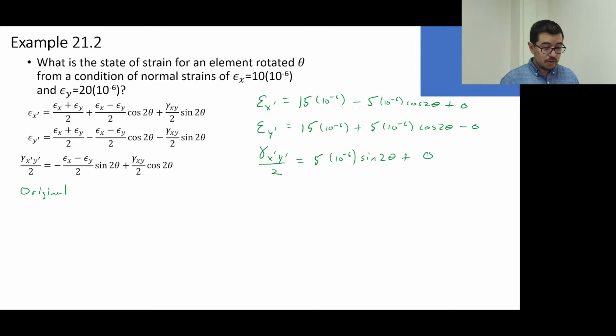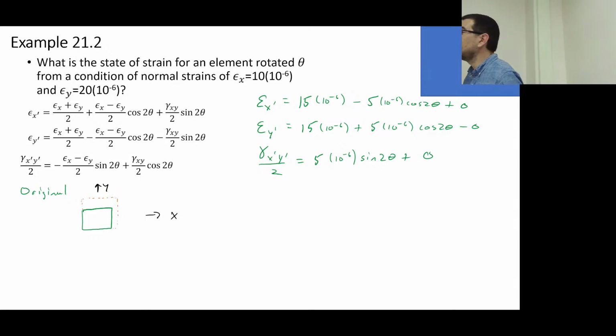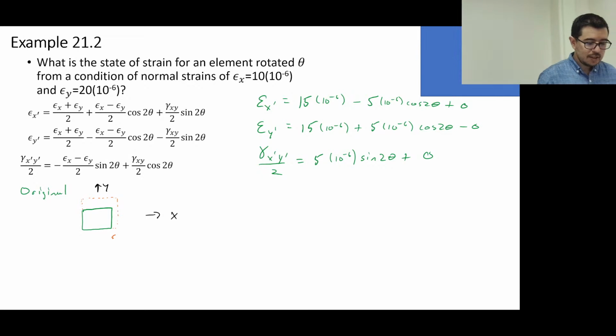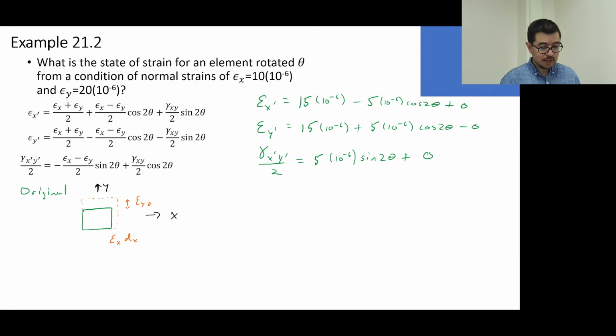So the original would have been something that was stretched maybe twice as much in the y as it was in the x. You see that? That's me doing a little sketch. What we want to do is rotate this element by some arbitrary amount.